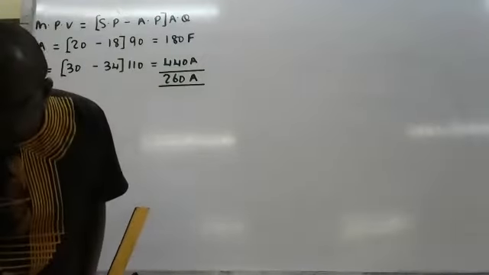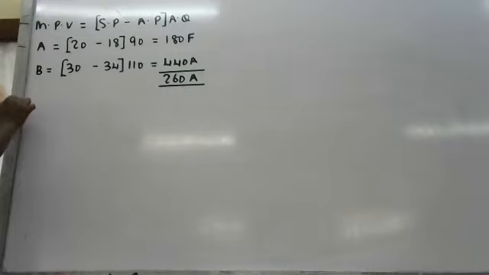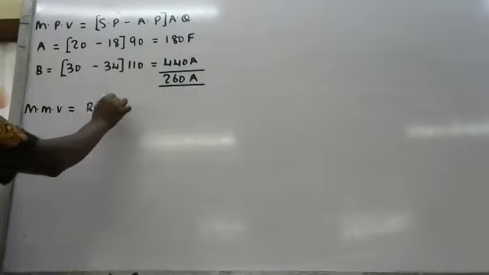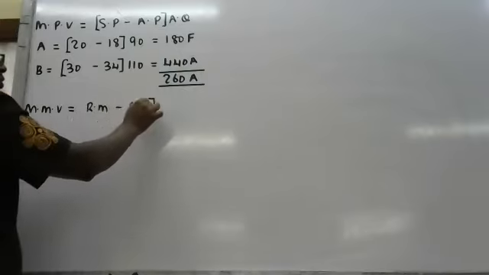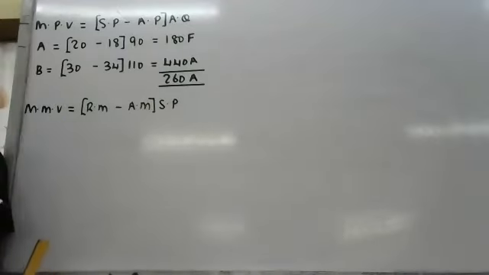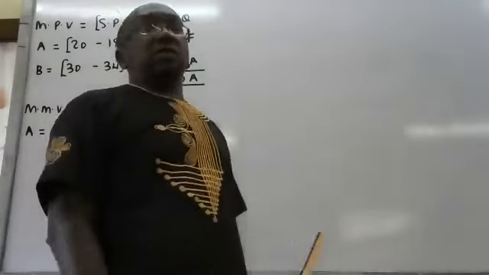The next one is material mix variance. Material mix variance is revised mix minus actual mix. You multiply by the standard price. Revised mix minus actual mix. You multiply by the standard price. And starting with A. You can see the mix was 40%.